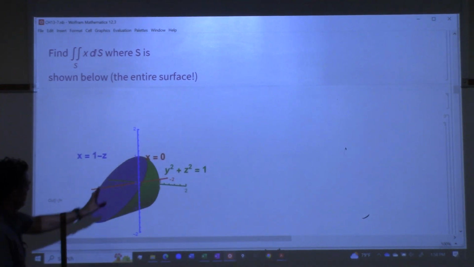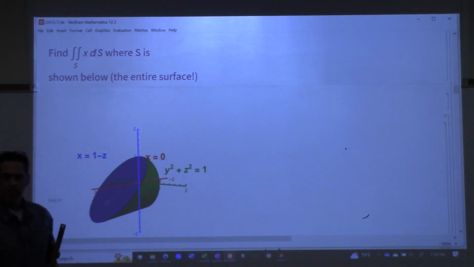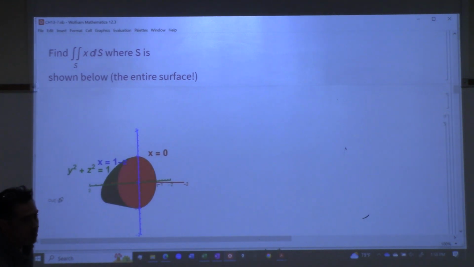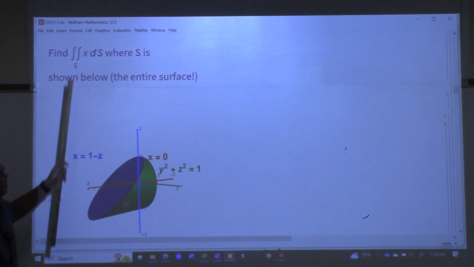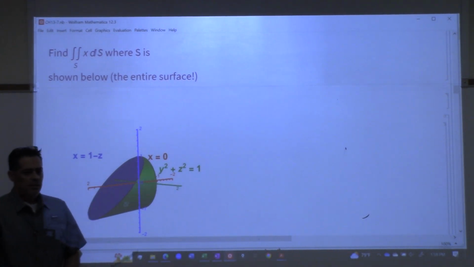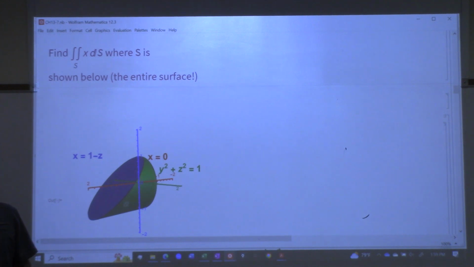We have this one, that's 1. We have the green, that's 2. And then we have the back part of it, which is the red. There are 3 surfaces, so capital S here is all 3 of those surfaces together. We have to add them all, which means we have to do 3 separate surface integrals.